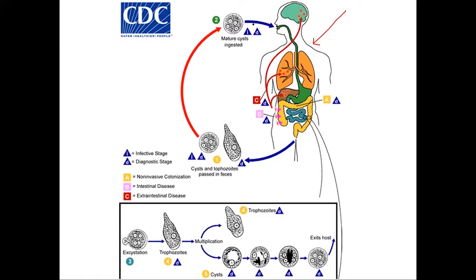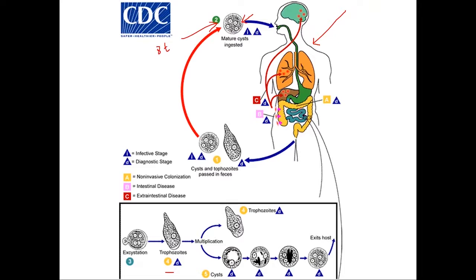After we ingest this cyst, in our intestine they can produce the trophozoite. Normally one cyst can produce 8 trophozoites because they have 4 nuclei and can divide and produce 8 trophozoite stages here.